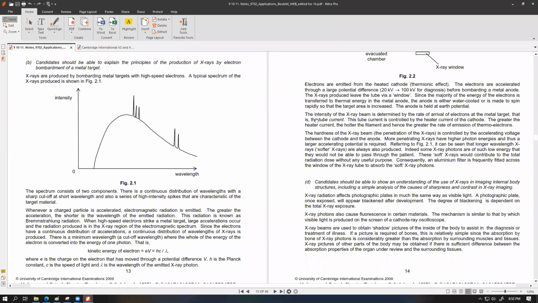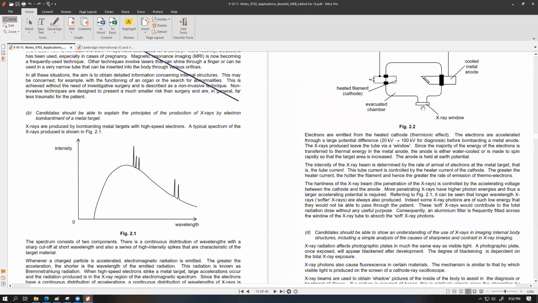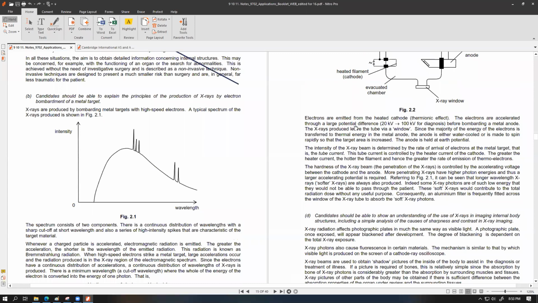One of the important properties for the X-ray beam is the intensity of the X-ray beam. This is the property of the beam, remember. The X-ray beam that will be released from the X-ray tube can have two properties. One is intensity, the other one is hardness.